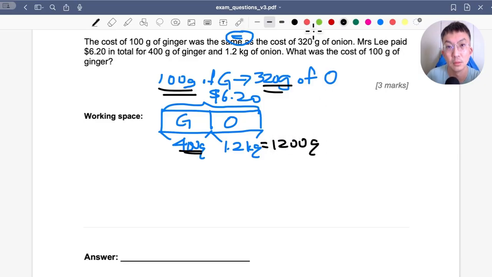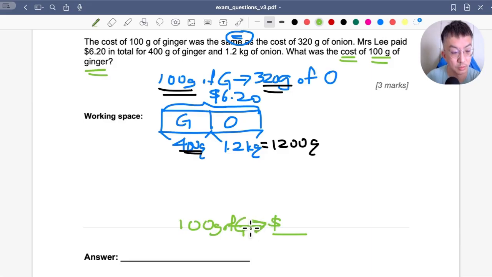Okay? And we want the cost of 100 grams of ginger. And what this means is that ultimately, we are going to have a few steps at the bottom. And the last step will be the cost of 100 grams of ginger.